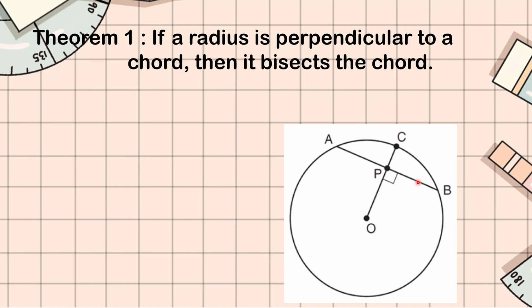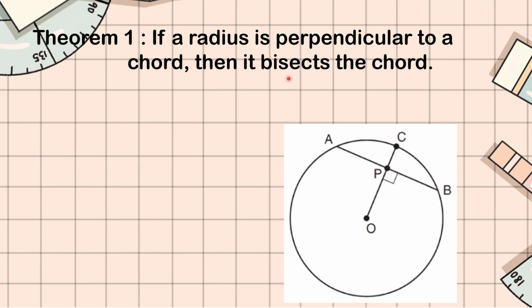What do we mean by perpendicular line? Perpendicular lines are lines which intersect and form a 90-degree angle. And this figure here represents a 90-degree angle. So from the theorem, our radius cuts AB into two equal parts.